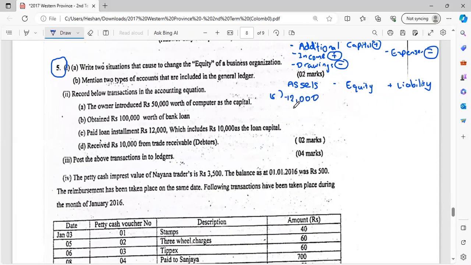Cash asset decreased by 12,000. Under equity, 2,000 decreased as bank loan interest. Liability also decreased by 10,000 as bank loan.